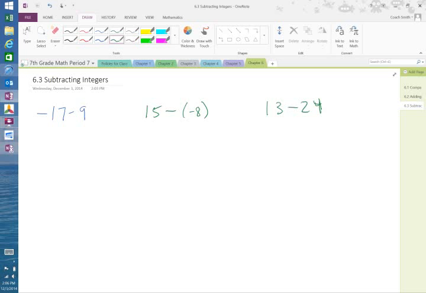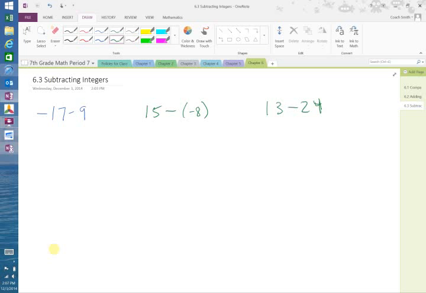Okay. Now, we have talked about this last year, so it's not totally new to you. Some of you, I'm sure, forgot it. That's obvious because we're obviously doing it again. But what we're doing is this. We're talking about subtracting integers. There is a rule for subtracting integers.